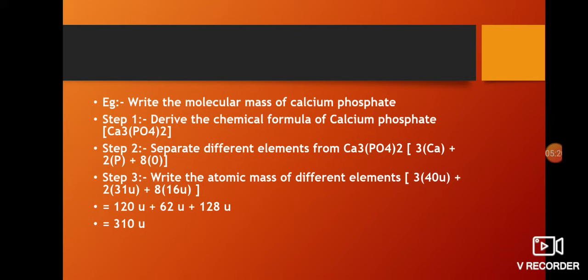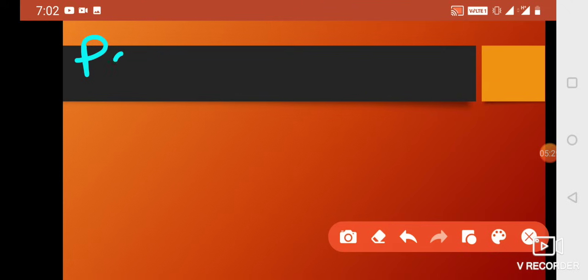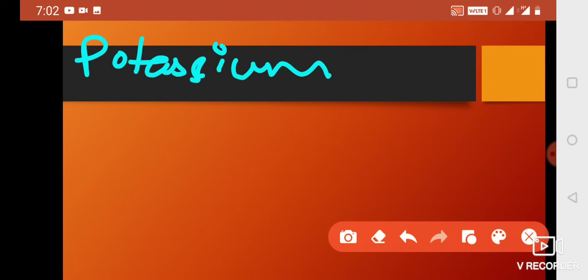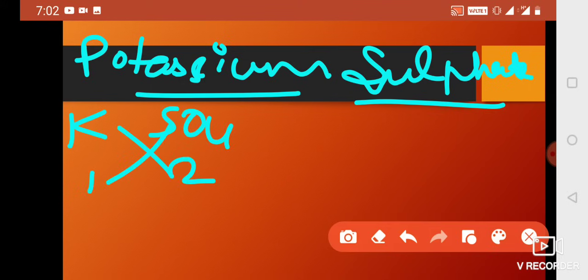Now let us do one more example: write the molecular mass of potassium sulfate. Deriving the formula: K and SO4, valencies 1 and 2, crisscrossing, then K2SO4.